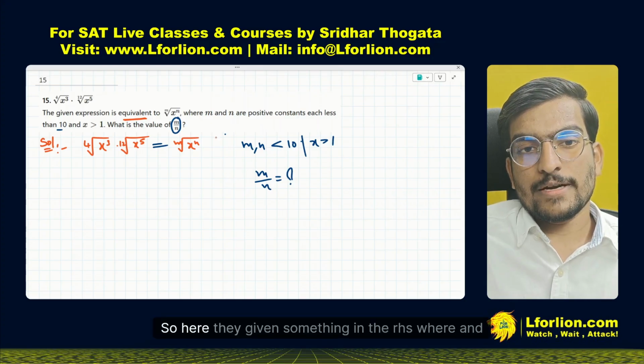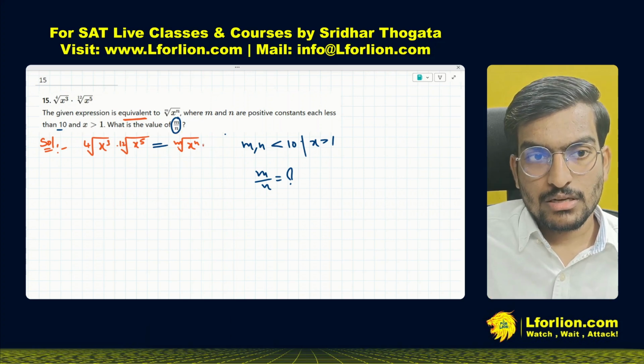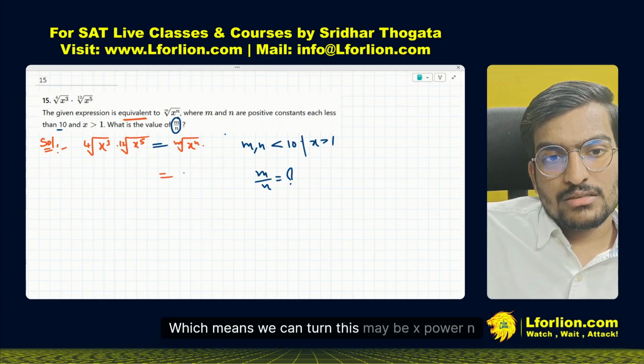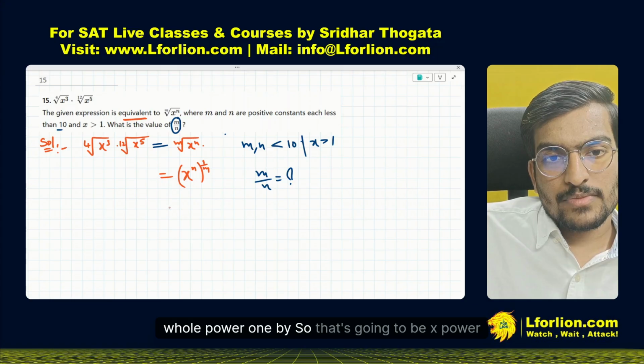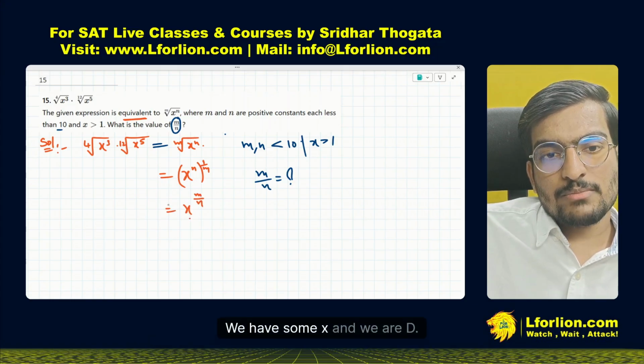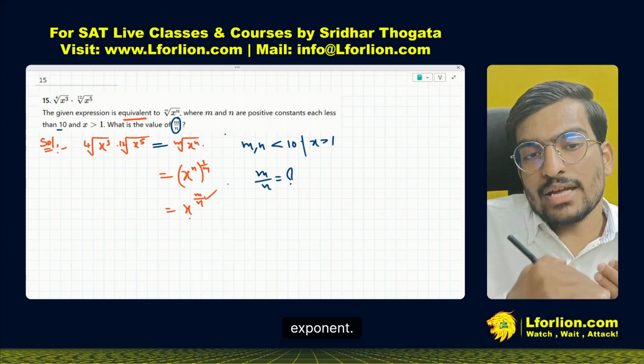Here they have given something in the RHS where m and n are there. So how can we get m and n? We have some x, and we are working for something in the power or exponent.